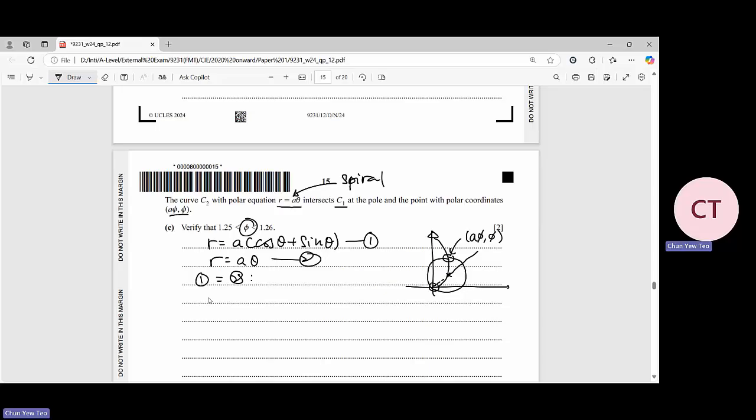Then you have a(cos theta plus sin theta) equal to a theta. Cancel the a, and you have cos theta plus sin theta minus theta equal to 0. I will call this whole expression f(theta).